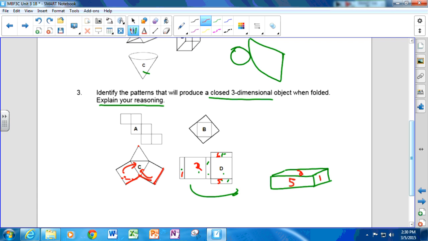So they wouldn't really work, and there'd probably be a gap right here somewhere when you folded it up. So again, we're looking to have an explanation for why it'll either work or not.